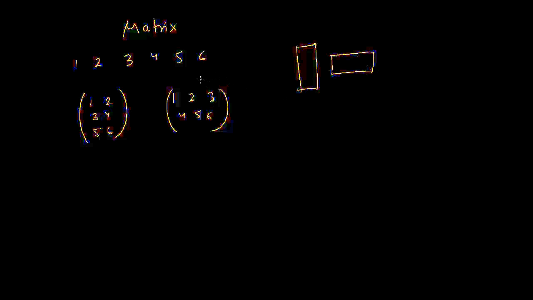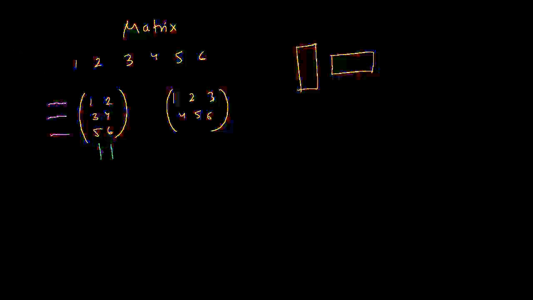So if you have a matrix, or an arrangement of numbers, the plural is matrices. So it has 3 rows, the 3 rows that we have, 1, 2, 3, and it has 2 columns, and the columns are 1, 2.